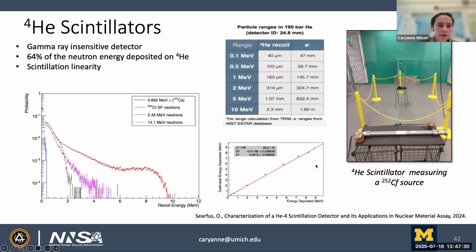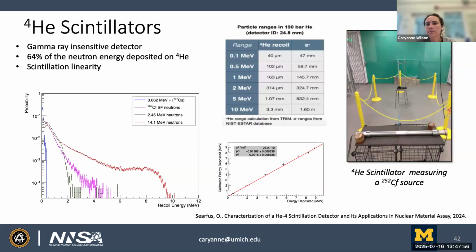Actually, Oscar Searfus, who did a lot of work on this, has a really interesting paper where he talks about using the helium-4 detector for a photon active interrogation setting, which obviously has a very large photon background.